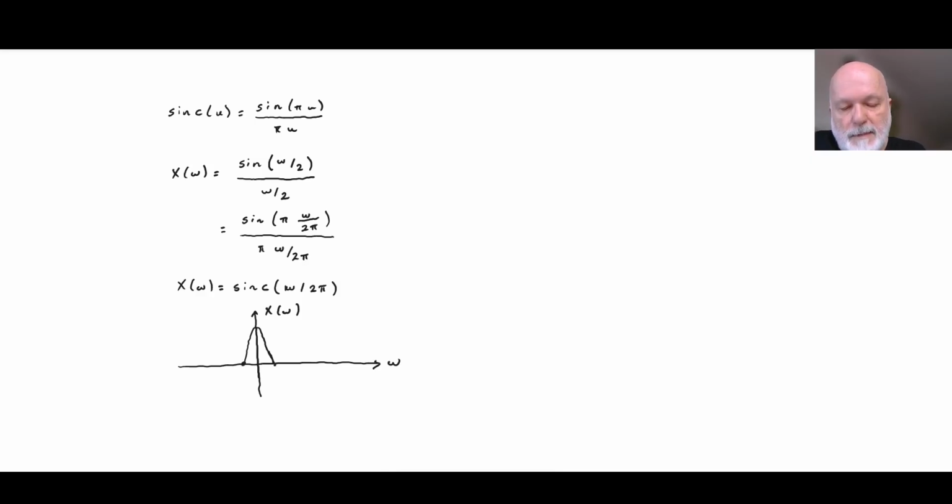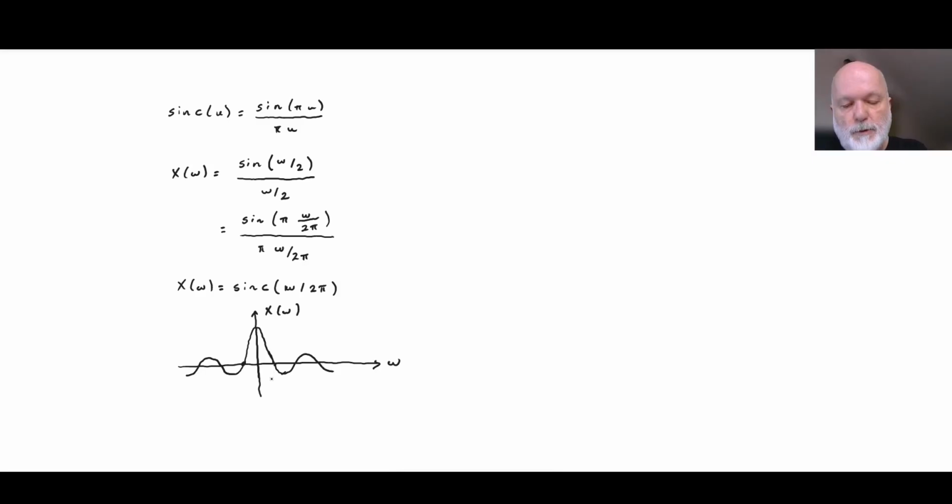Then we have the side lobes, etc. We have such a graph.